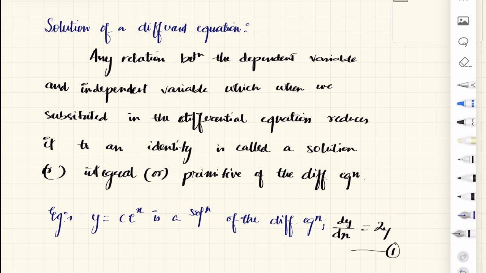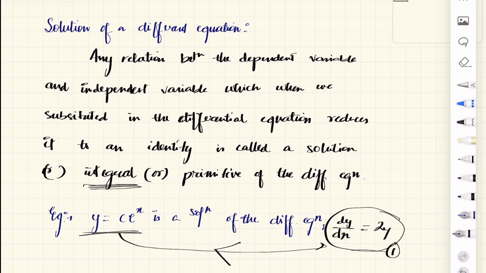This is the first equation. Why does this become a solution for this? When we integrate this, we get this. So it is said to be the integral of this solution. You understand? So this is the example.